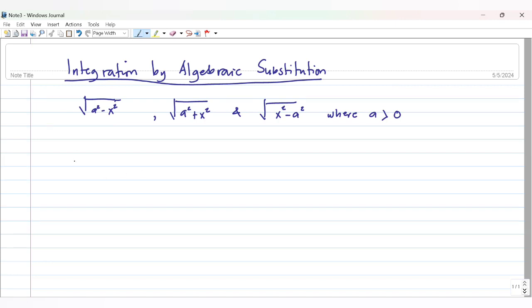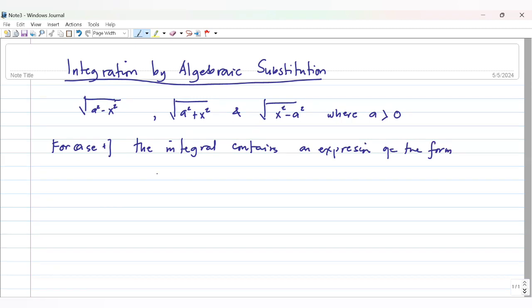Okay, so as I've said a while ago, we will have three cases. For case number 1, the integral that contains an expression of the form square root of a squared minus x squared.